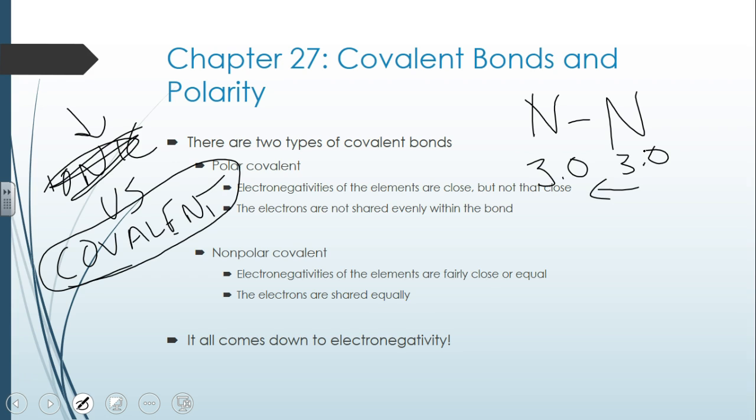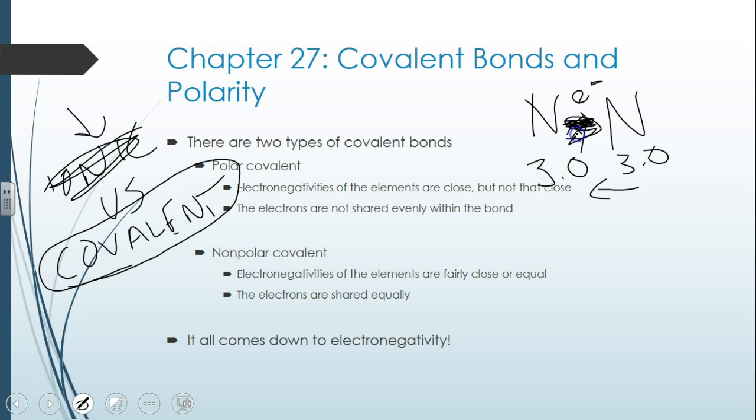So, here's two nitrogen atoms, and this bond has electrons in it. There's actually two of them in here. Well, for nitrogen it's more than that, but the point is that there's electrons in here. If there's electrons in here, which atom are they going to favor more heavily because of its electronegativity?